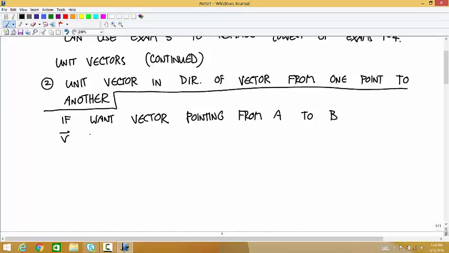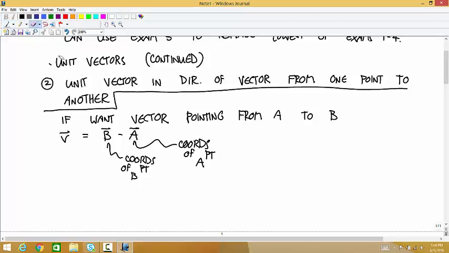This is not a unit vector. That's equal to the coordinates of B minus the coordinates of A. And so that gives us a vector that's in the right direction, but it doesn't have a length of 1, and we need to make it have a length of 1.